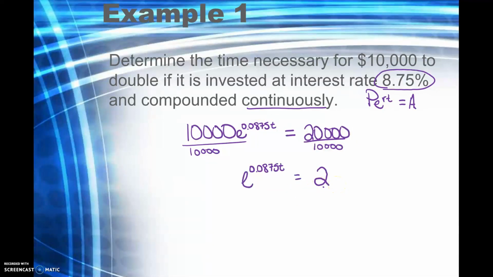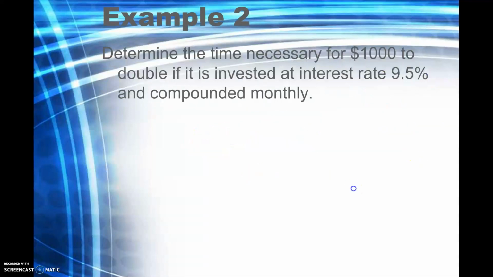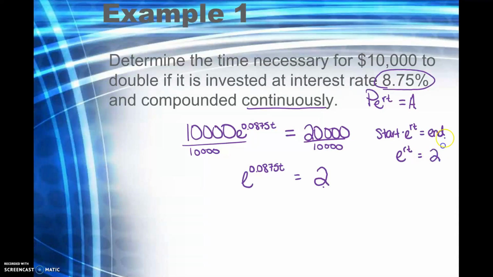So that is something worth noting for your assignment: if you're doing your starting amount times E to the RT equals your ending amount, and you want your ending amount to be double, the next step is going to be E raised to the rate times time equals 2. That might be a little shortcut for your assignment.